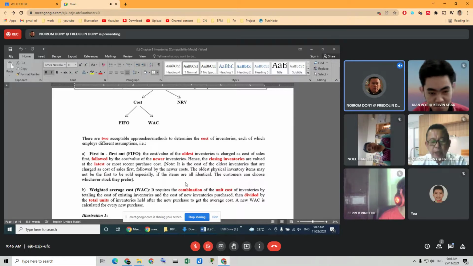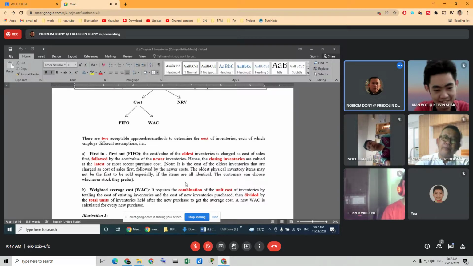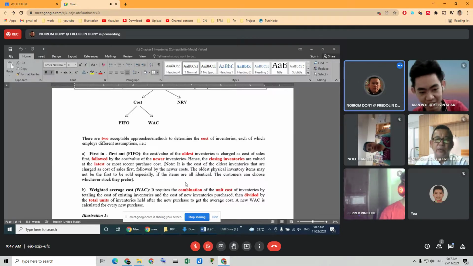Let's say you have January to December. January a different price, February a different price, until December a different price, but it is increasing, an uptrend. Let's say in January it was 10 ringgit, and then it increased to 11, 12, 13, 14, 15, 16, 20, and until 22 ringgit in December. This is an uptrend. This is inflation.